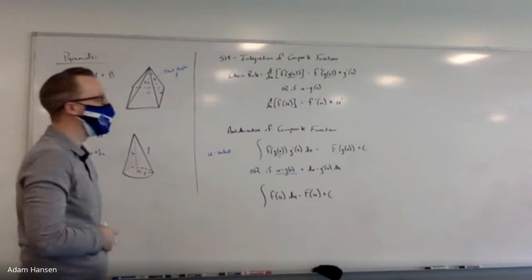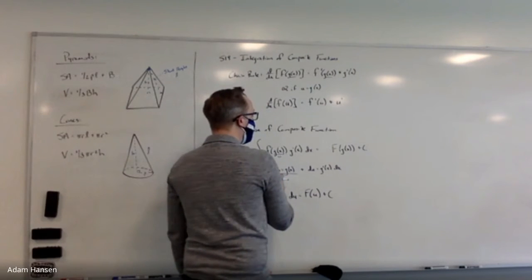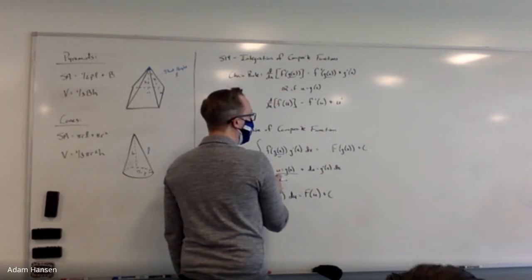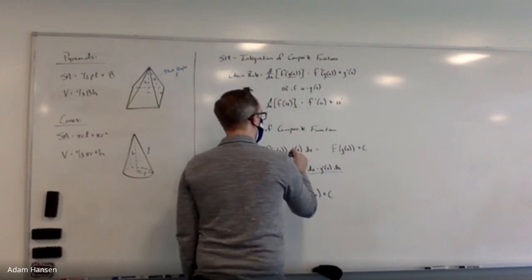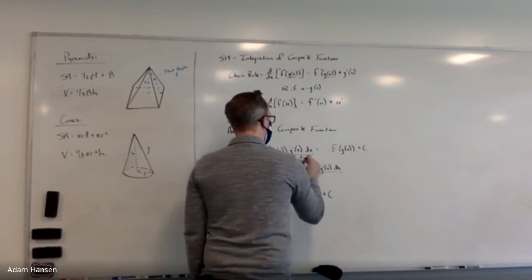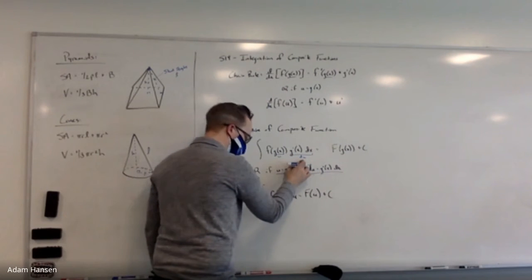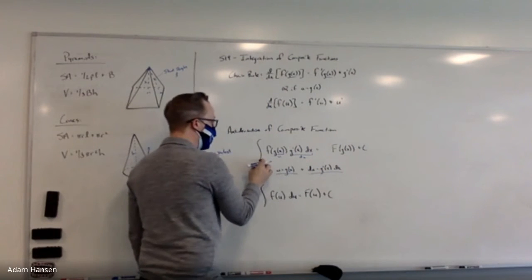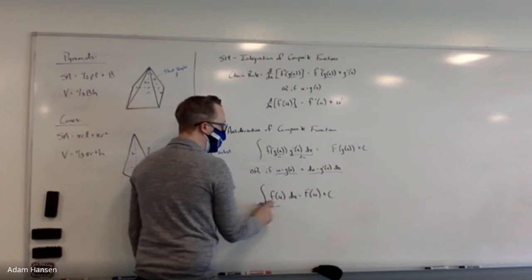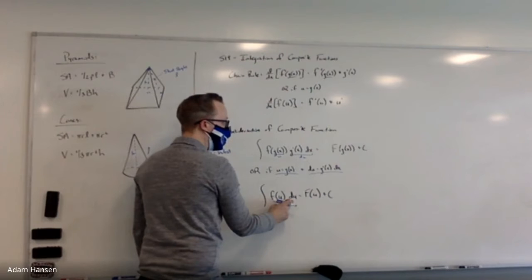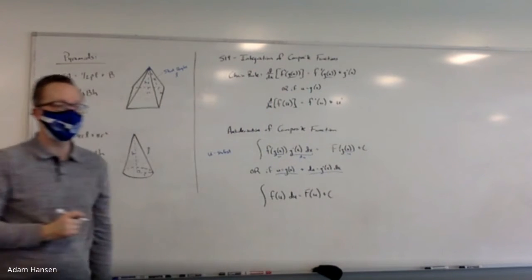If u equals g of x, then the derivative of g of x with respect to x gives du equals g prime of x dx. I replace g prime of x dx with du. So therefore, the antiderivative of f of u du is equal to capital F of u, using u in place of g of x, plus c.